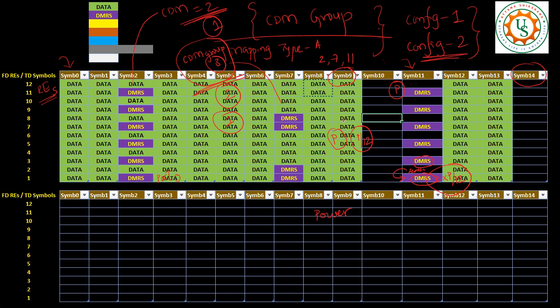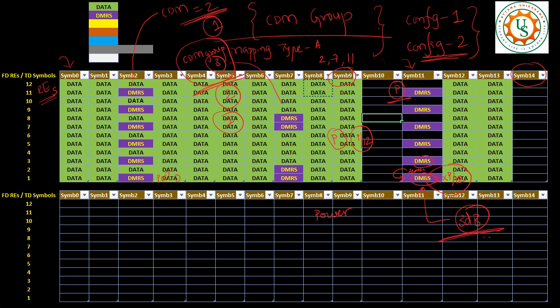If you add all these 6, the total power will become P. So wherever DMRS is there, you will see that there is a 3 dB higher power. This is actually the reason.